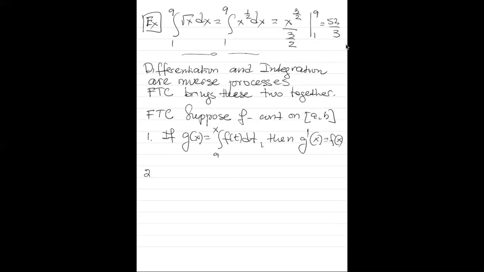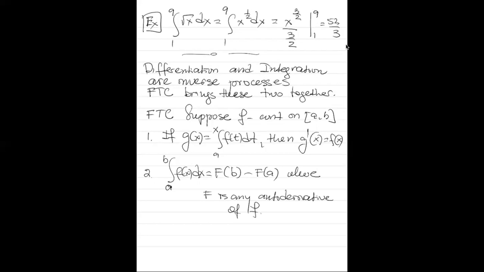And number two, the integral from a to b of f of x dx is equal to capital F of b minus capital F of a, where capital F is any antiderivative of little f. That is, capital F prime is equal to little f.